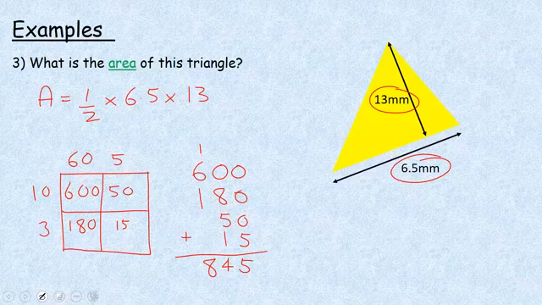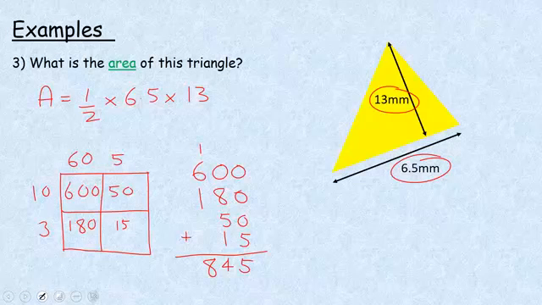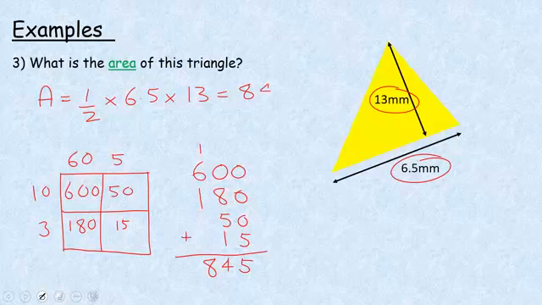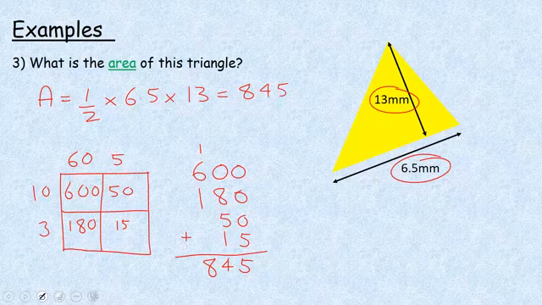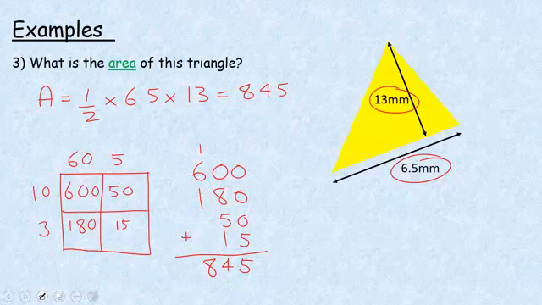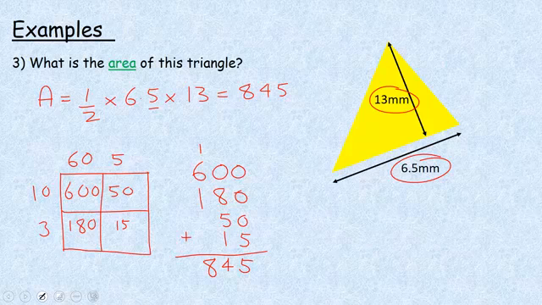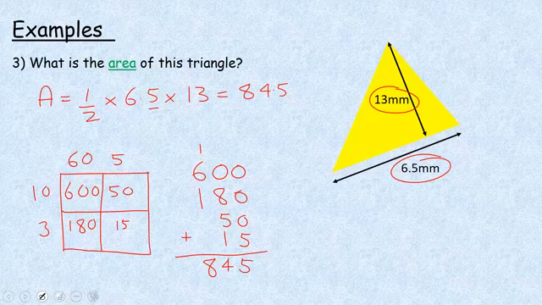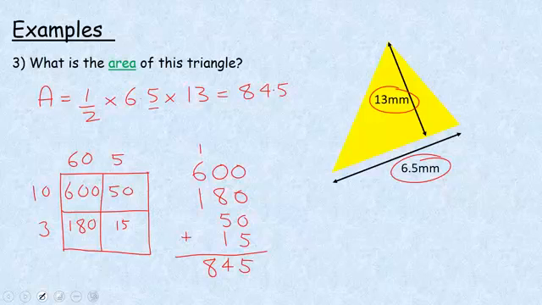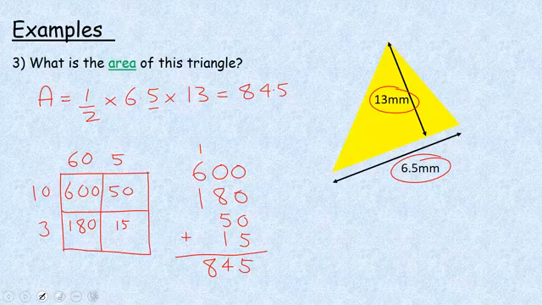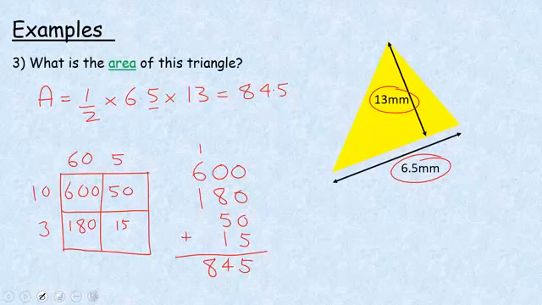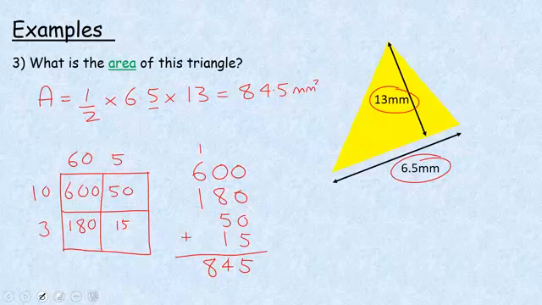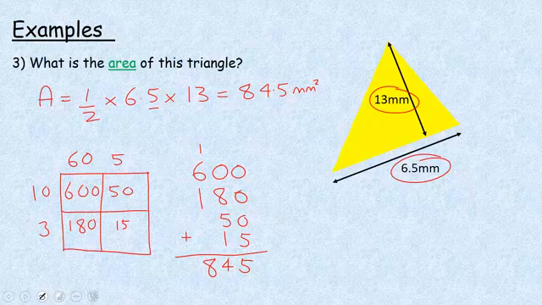So we've got 845. But wait, remember we've got one number after the decimal point there, so we must make sure we've got one number after the decimal point in the answer as well. Looking at the question, we've got lengths in millimeters, so our area must be millimeters squared.